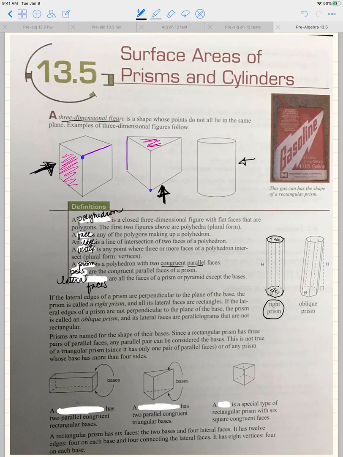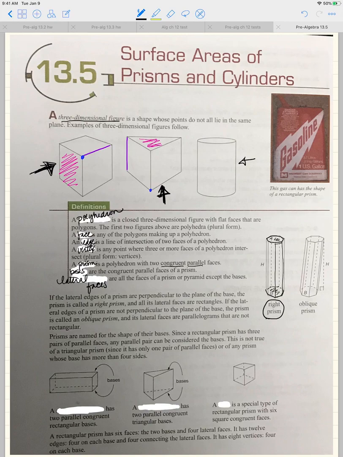Okay. And the lateral edges of the prism are perpendicular to the plane of the base. So like here is a lateral edge perpendicular to the plane of the base. This is a right prism. All its lateral faces are rectangles. So here I'm just outlining one of the rectangles that makes this up, all right?